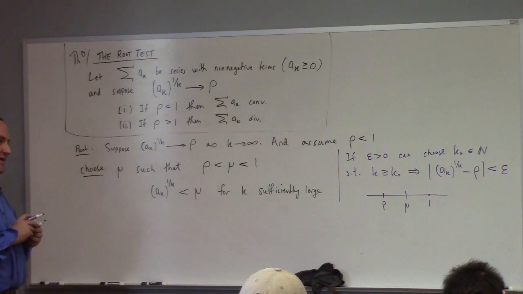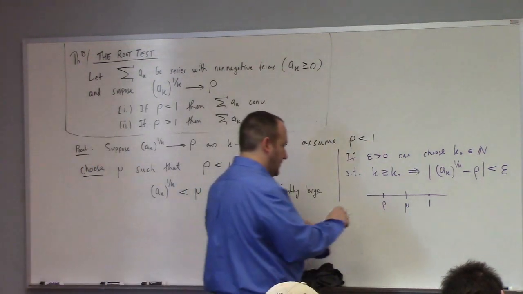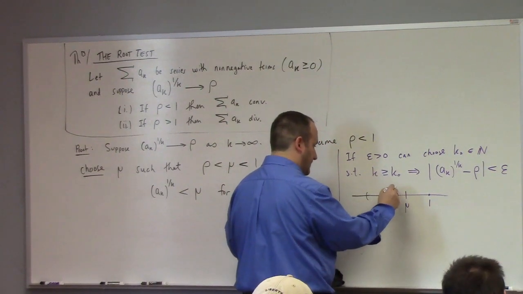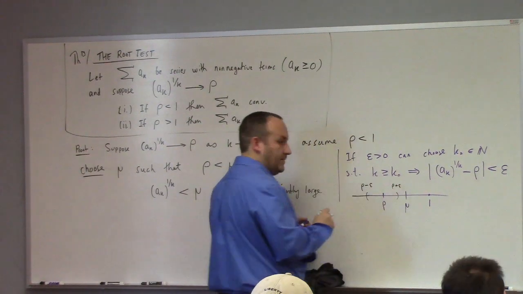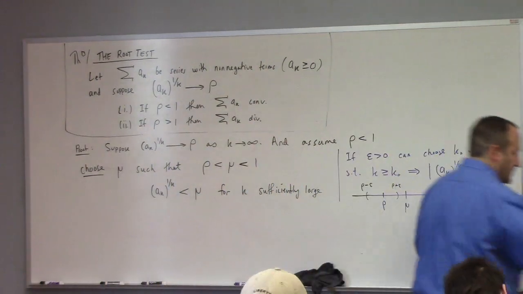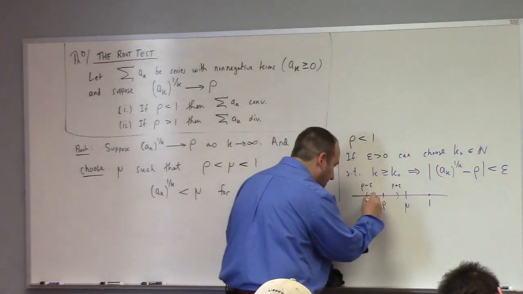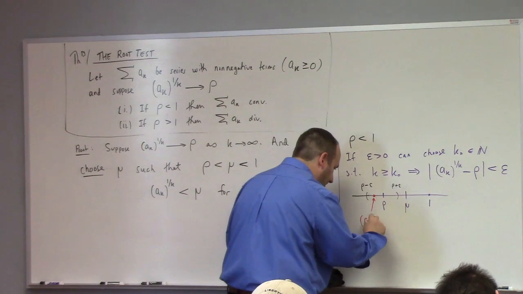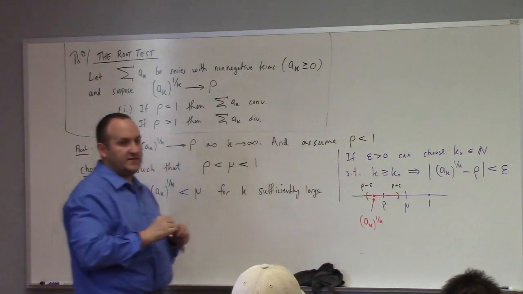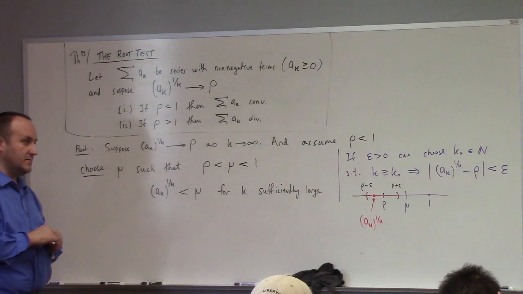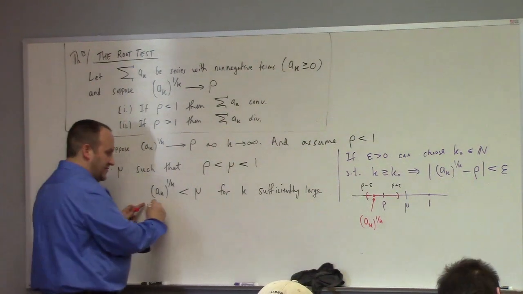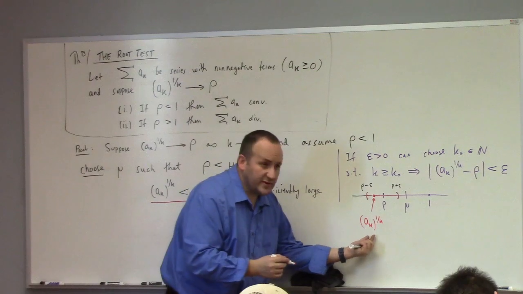And where is a sub k in this? We can make epsilon like this. In this picture, where's my a sub k to the 1 over k? It's somewhere in here. It's within that epsilon distance from rho if we make k go far enough out. You see why that inequality is true: a sub k to the 1 over k has to be close to rho.